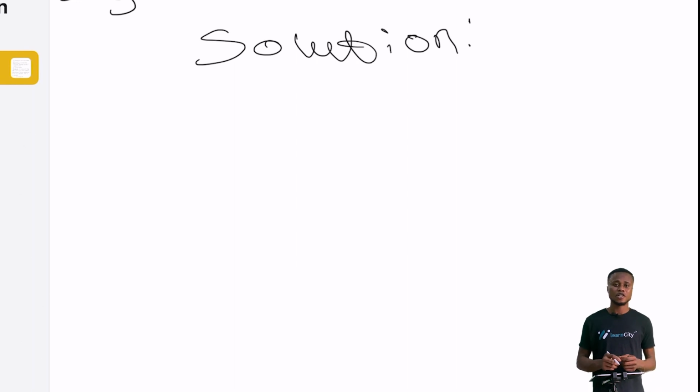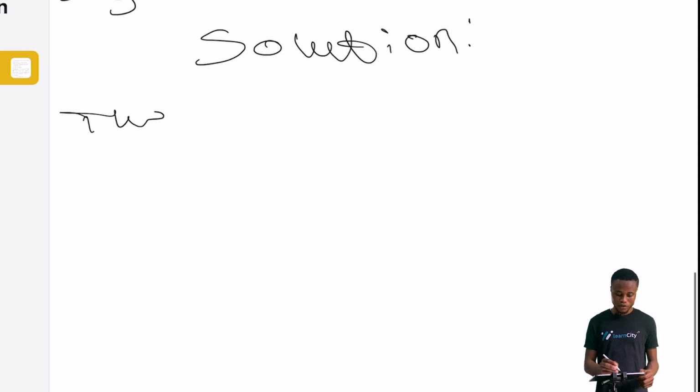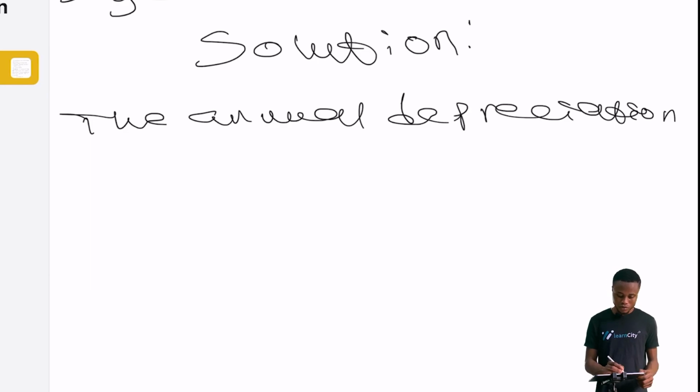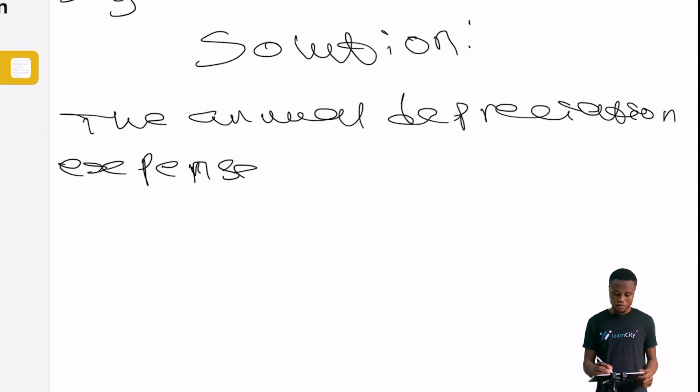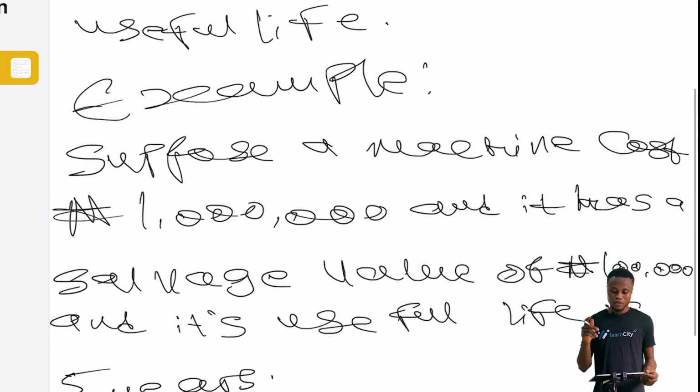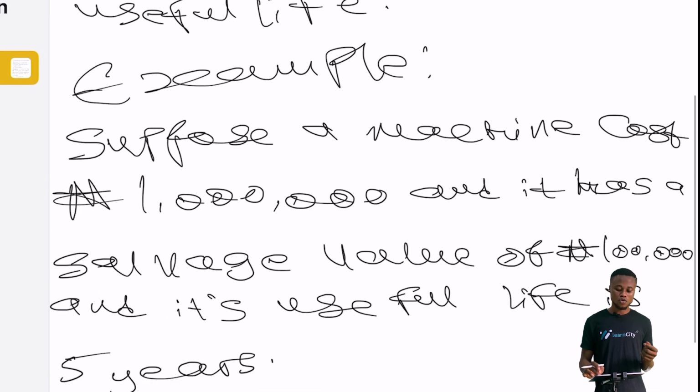The annual, that is the yearly, depreciation expense is where we bring in our formula. It will be the cost of that machine, the actual cost.